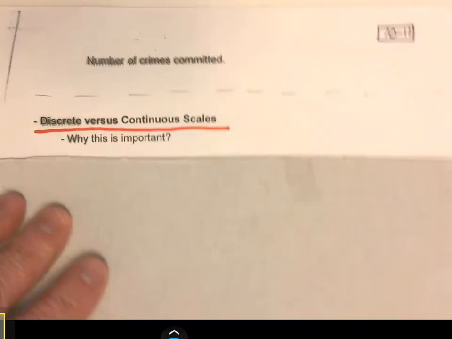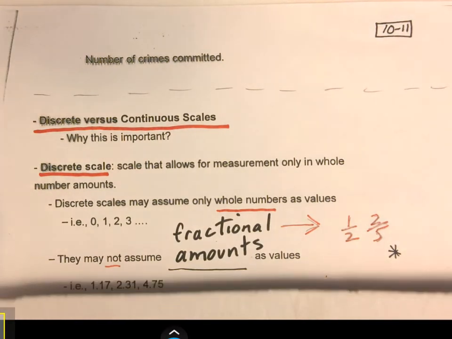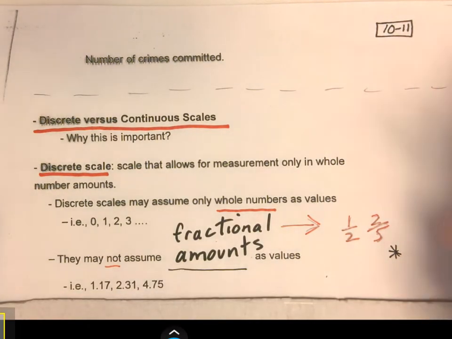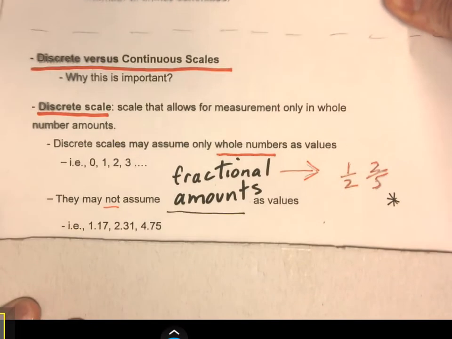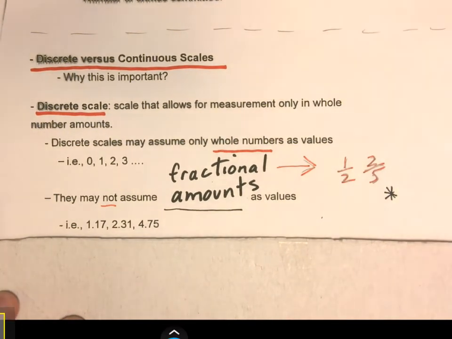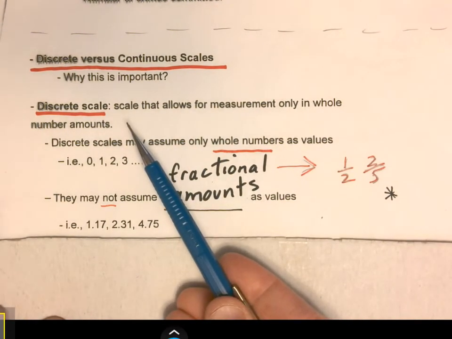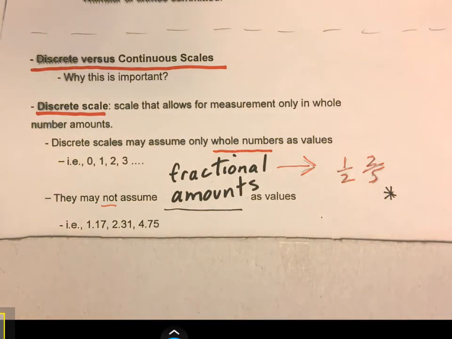First up, discrete variables. What are they all about? A discrete scale is a scale that allows for measurement only in whole number amounts. Discrete scales may assume only whole number values, such as 0, 1, 2, 3, and so forth.